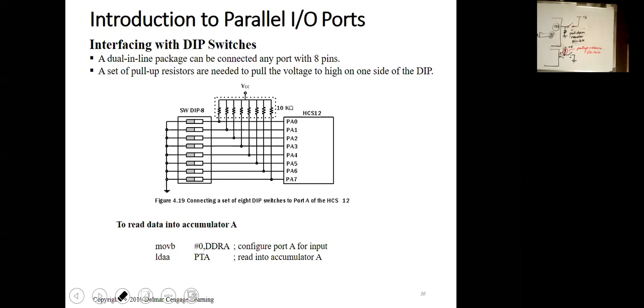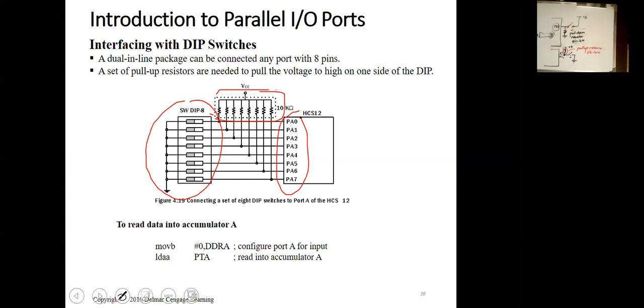What we have here on the slide is basically a set of DIP switches. These are 8 DIP switches. Each of them is a single pole, single through switch. That's why we have here pull-up resistors, 10 kilo ohms. So by default, when the switches are open, we read the port, we will always read ones because all the switches are open.